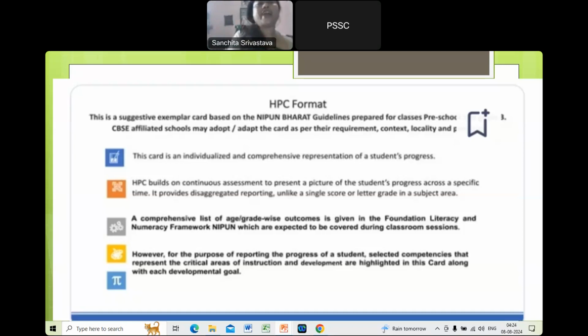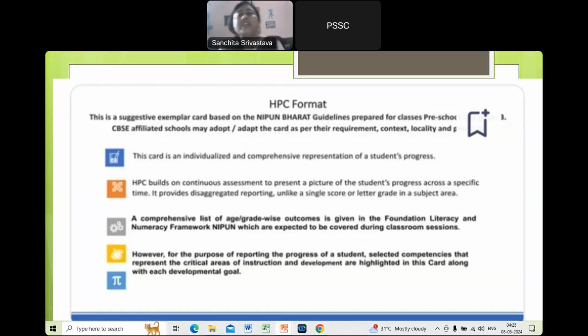Now it provides a disaggregated reporting instead of a single score or letter grade in a subject area. If suddenly you give the summative result or the final term result to the parents, that is disaggregated reporting. Why? Because a single grade cannot judge the entire progress of a child.